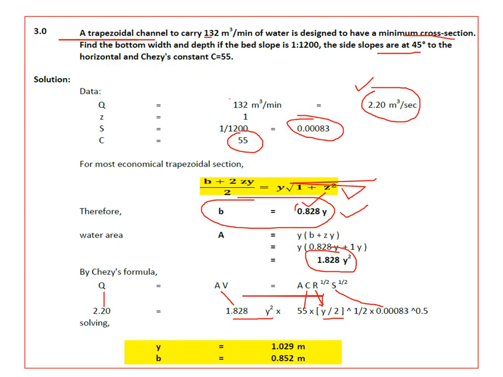Solving, the only unknown is y, so we get y as 1.029 meters. Now take this y and substitute here, and you will get b. Therefore b is 0.852 meters. So that is what is asked in this problem: you have to find the bottom width and the depth if all other quantities are given.